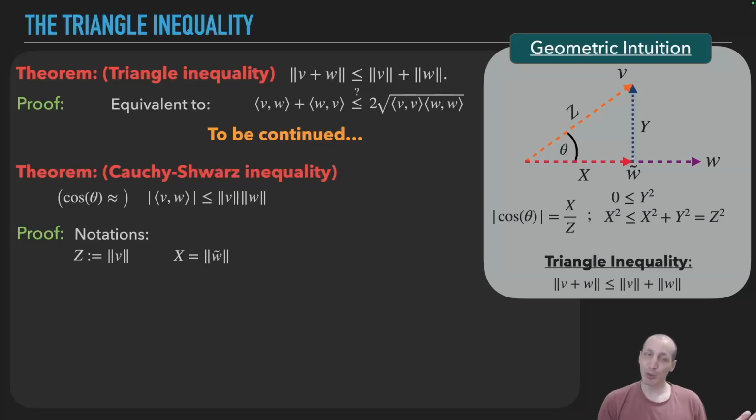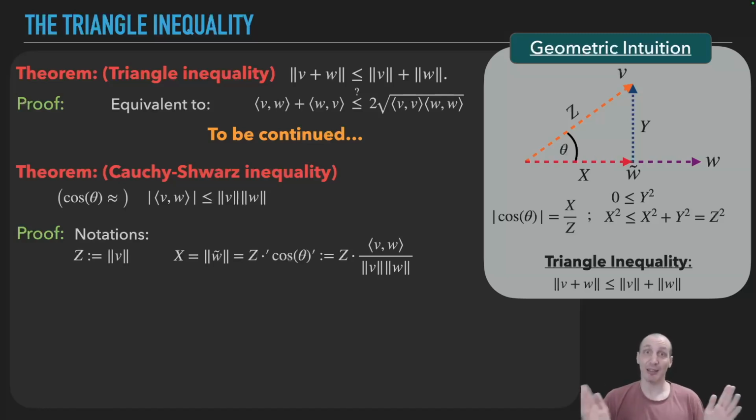Well, in the standard Euclidean vector space, this is just going to be z times the cosine of theta. But we don't have the cosine of theta in a general inner product space, but we do have this new expression instead of it. We can say, instead of cosine of theta, the inner product of v by w divided by the norm of v and the norm of w.